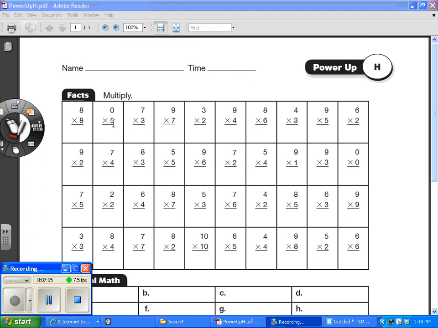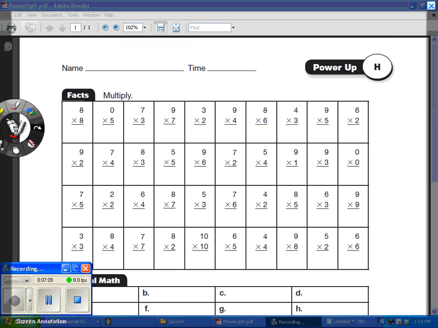Okay, now we're going to look at our power up. Your job is to try to do these as fast as I can write the answers. Sorry about that.